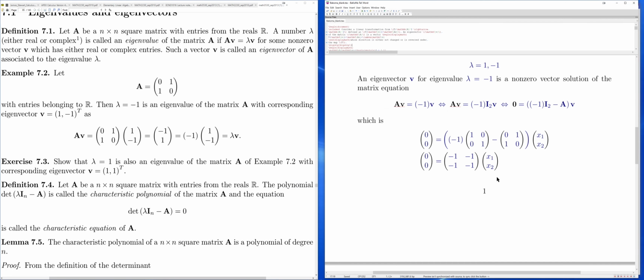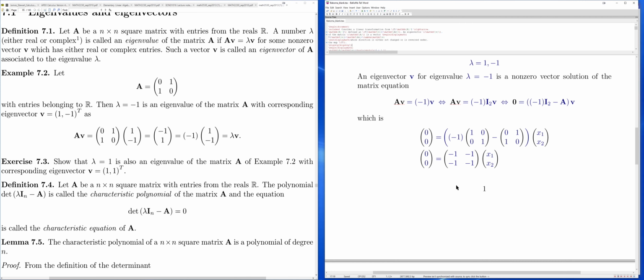So given what we just saw, for your matrix minus 1, minus 1, minus 1, minus 1, finding an eigenvector, which is going to be this x1, x2, a non-zero solution of this matrix equation, is really just finding a vector in the null space of this matrix.